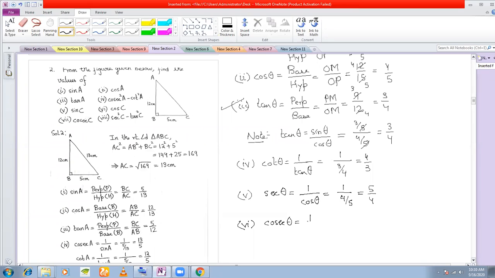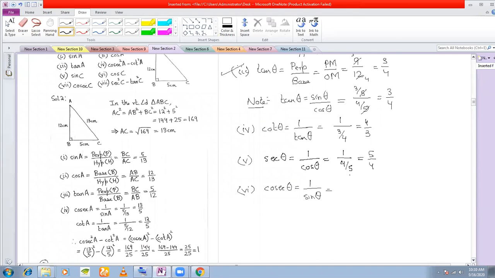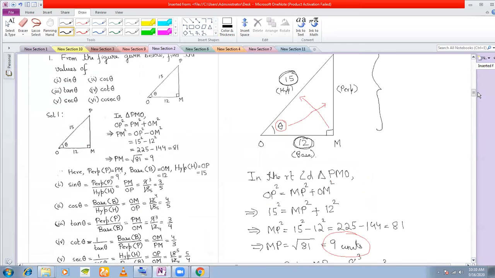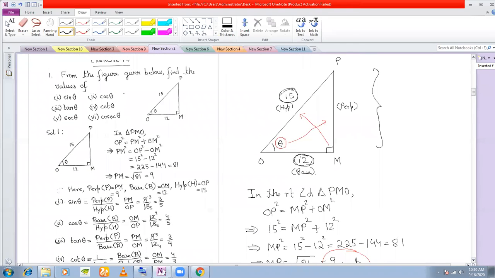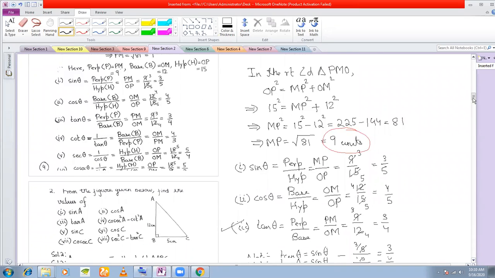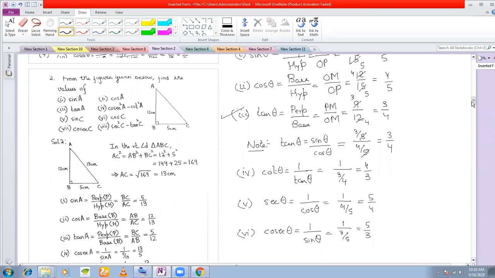You know cosec is the reciprocal of sine, and the value of sine we have got here as 3 by 5. So this becomes 5 by 3. Okay, so I've calculated all the 6 ratios that are there. So this is the end of this problem. We now move on to the next problem.